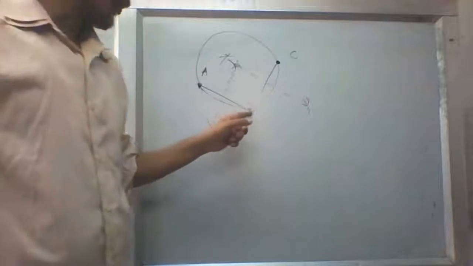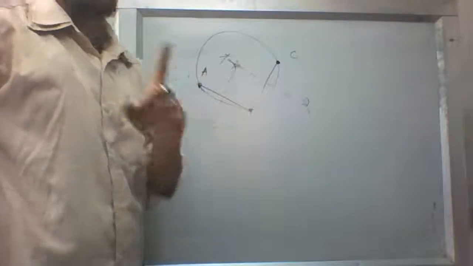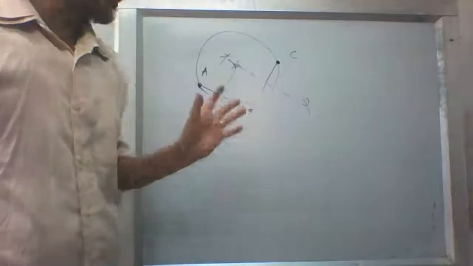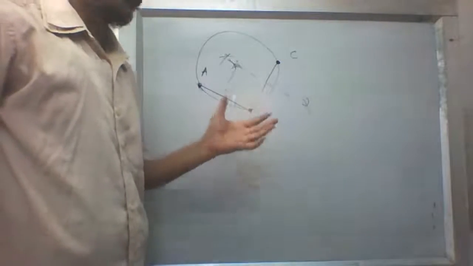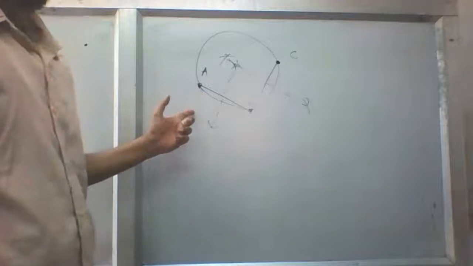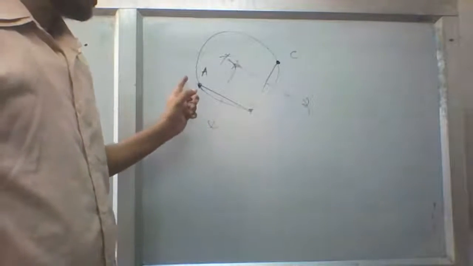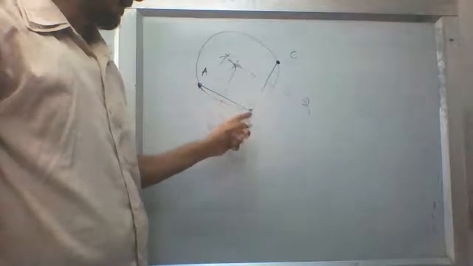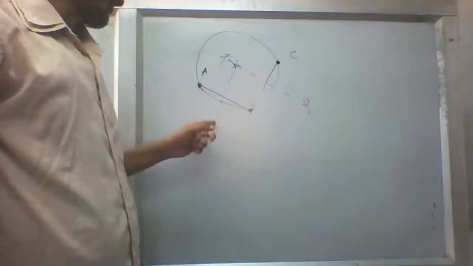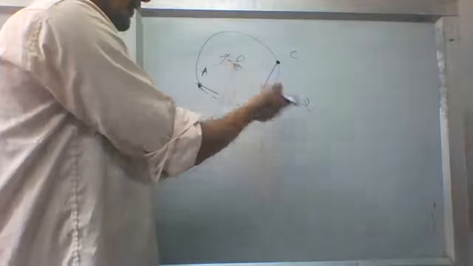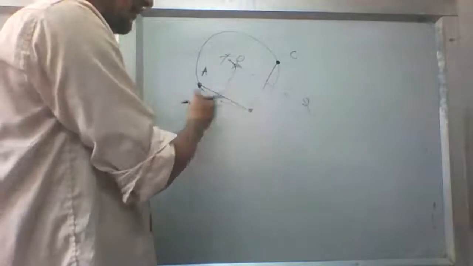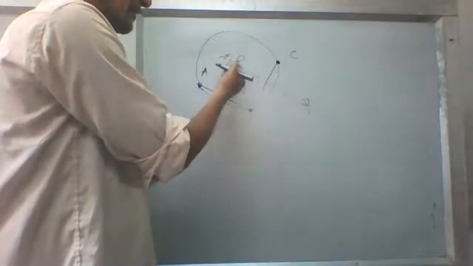So non-collinear 3 points make only one circle. So this is also a theorem, and sometimes in geometry you get 5 marks to prove this. Just join these points AB and BC, bisect this chord, and bisect this chord, where both bisectors are meeting.